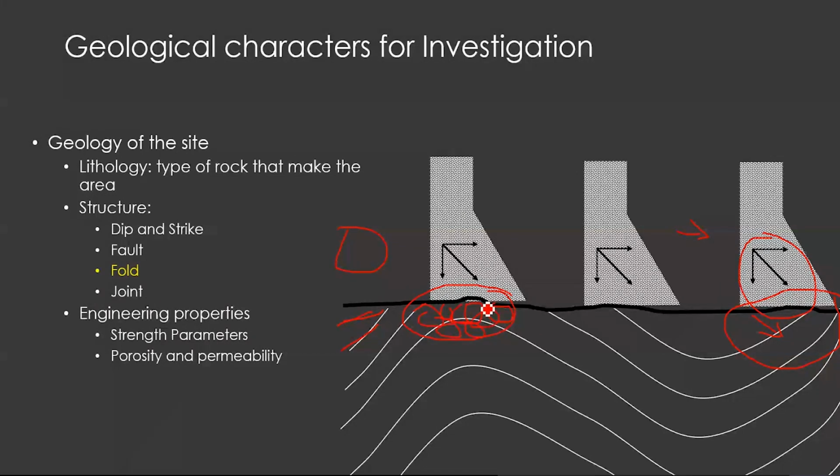And what is the character of the hinge? If you remember, when the rock gets folded, there would be a number of small fractures or weak planes which may be created on the hinge portion, because that is the area where the maximum deformation happened as a result of folding. So all this rock type which is below this part is going to be completely crushed and under high stress.